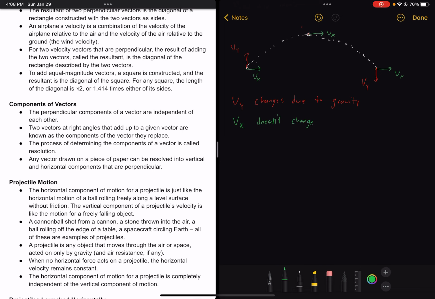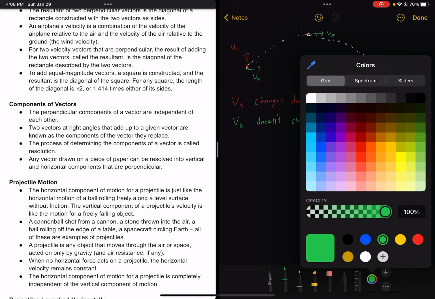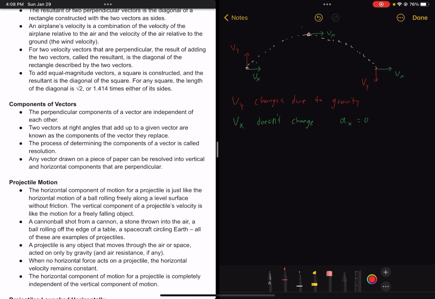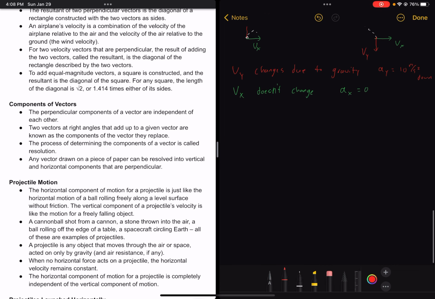And that's the basic idea. The reason why is because there's no horizontal acceleration, right? So the acceleration in the x direction is 0, and the acceleration in the y direction is 10 meters per second squared going down. Okay, that's the basic idea.